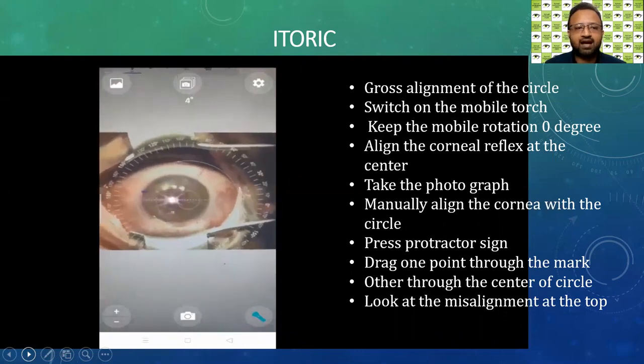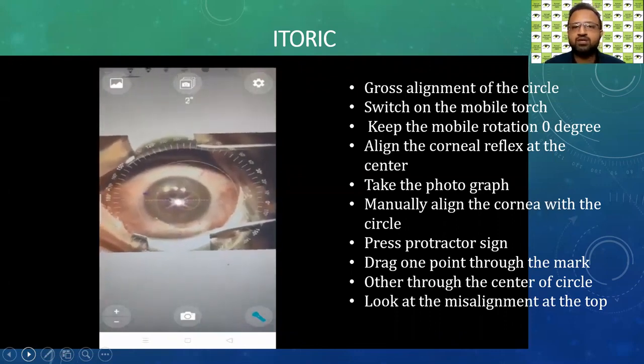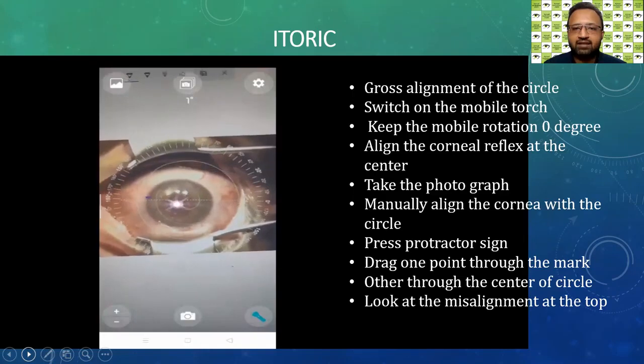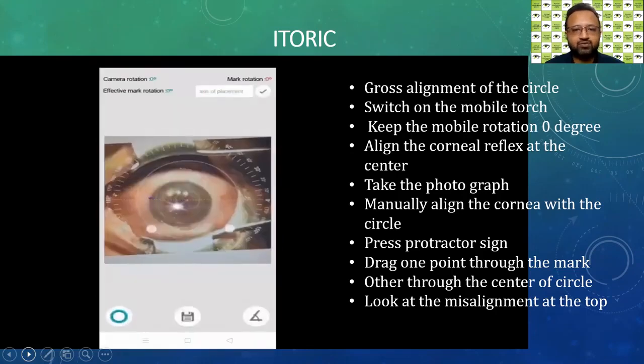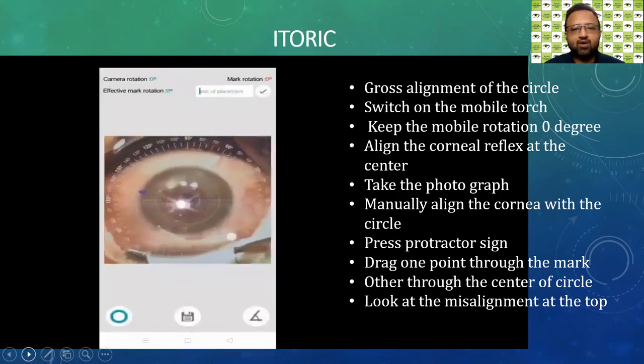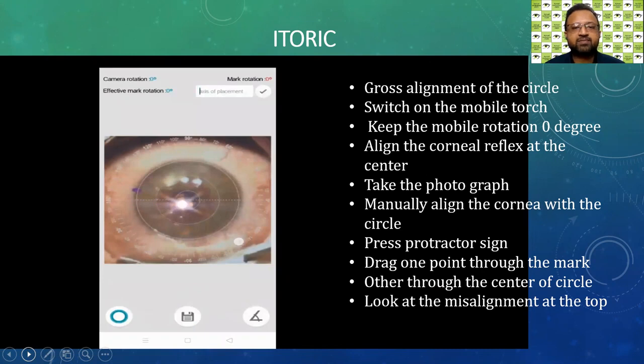It's a very good app for the Android user. What we need to do is align the corneal reflex at the center, and then take the photo. Then we manually align the cornea with the circle. Look at this. Then we drag one point to the mark, and another through the center of the circle, and that gives us the misalignment.